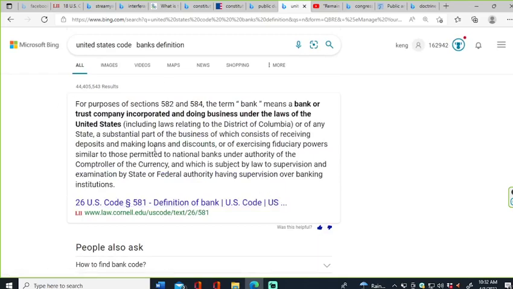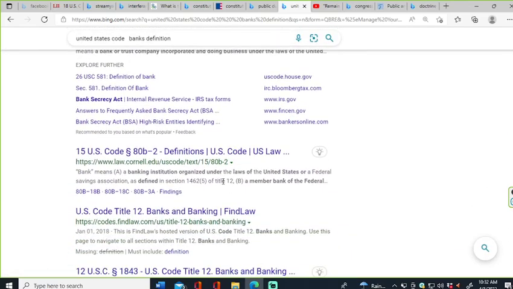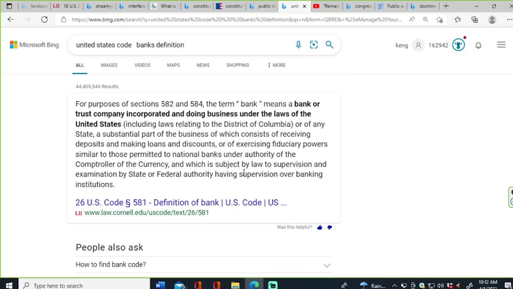I'm not going to go through it all. They got another definition that tells you that everything is a bank.